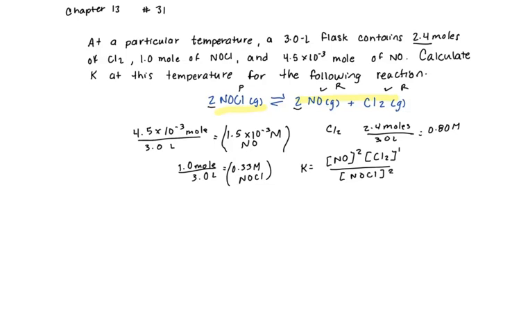Now we take our molarities that we just solved. What's our NO molarity? We got 1.5 times 10 to the negative 3, and 0.80 molarity, over 0.33 molarity.